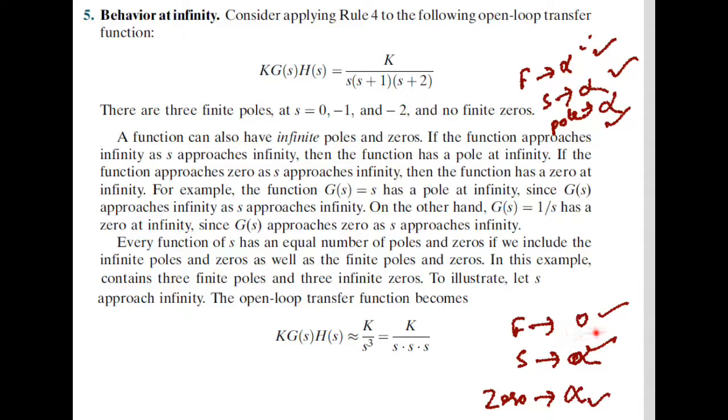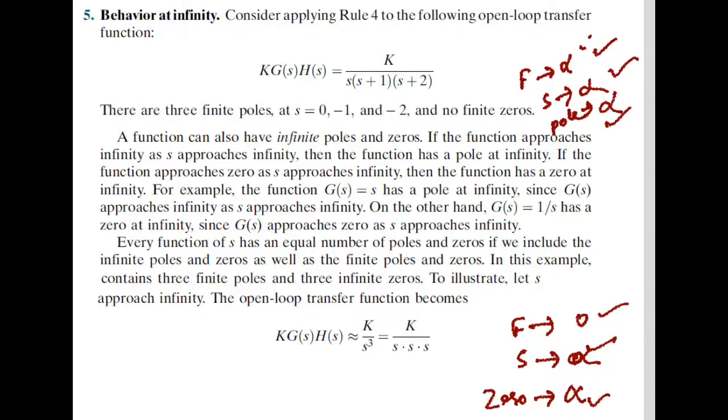So the statement is proved that if the function approaches 0 as s approaches infinity, then the function has a zero at infinity. So G(s) equals 1 by s has a zero at infinity, since G(s) approaches 0 as s approaches infinity. And if the function becomes infinite as s goes to infinity, then we can say that it has a pole at infinity.